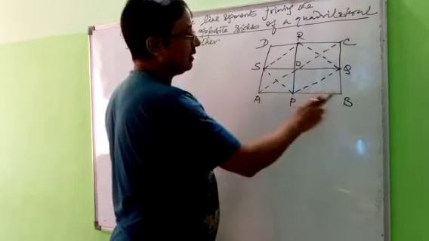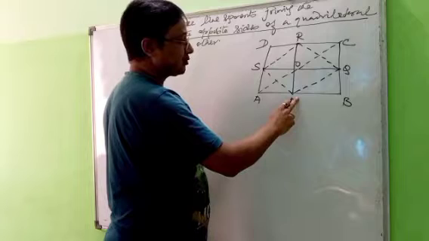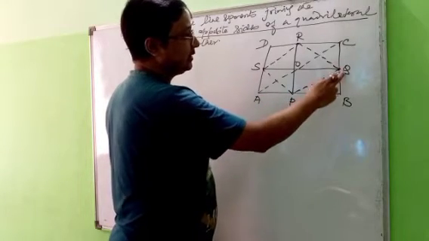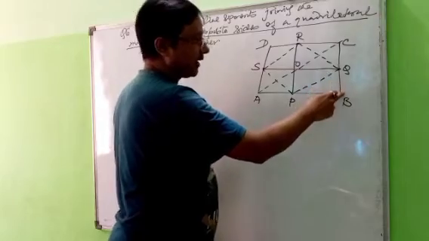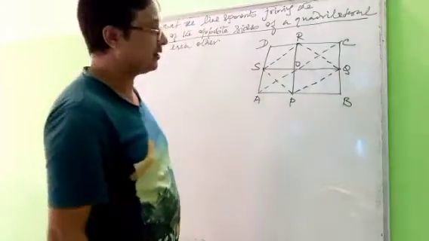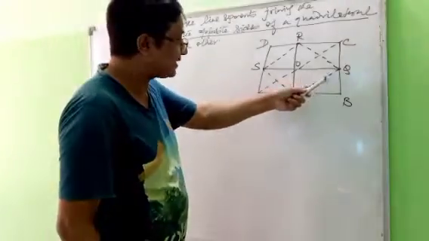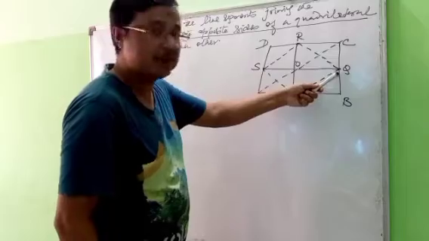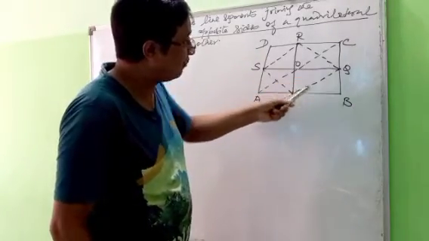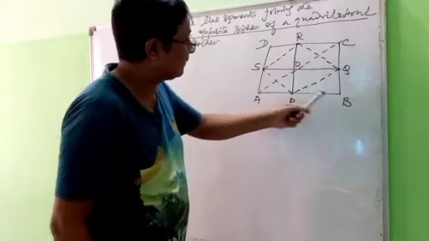In the triangle ABC, you have got two midpoints: P is the midpoint of the side AB and Q is the midpoint of the side BC. And from the theorem statement, that is the midpoint theorem, the line segment joining the midpoints, this line segment PQ, joins the midpoints of two sides.